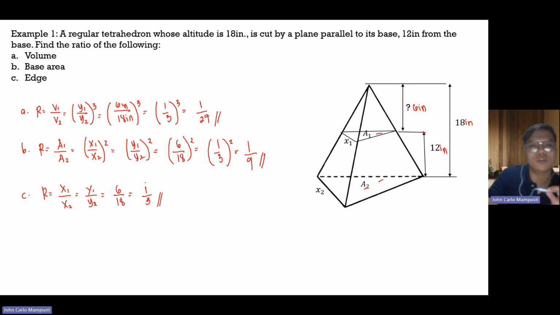So that's the ratio ng ating edges. Di ba yung ratio ng edges natin is x sub 1 over y sub 1 equal to x sub 2 over y sub 2. So as you can see, if you're going to cross multiply that, parehas lang kayo ng makukuha. So parehas lang siya dito.